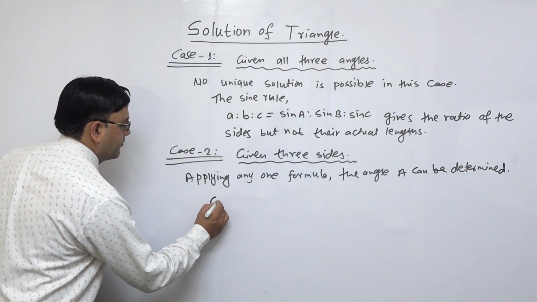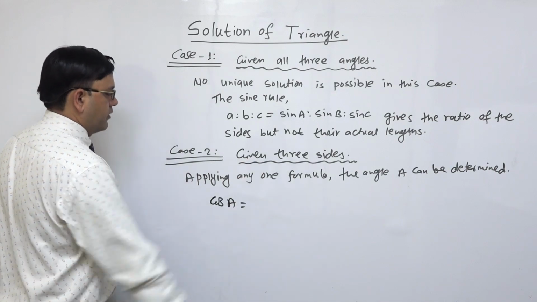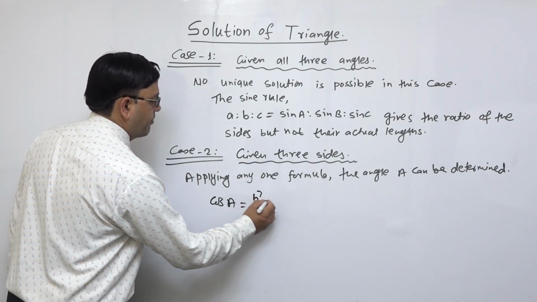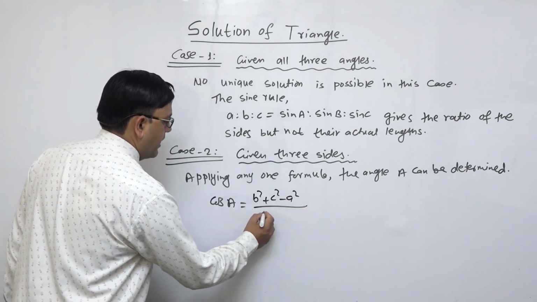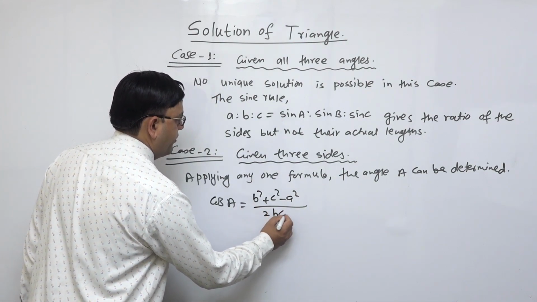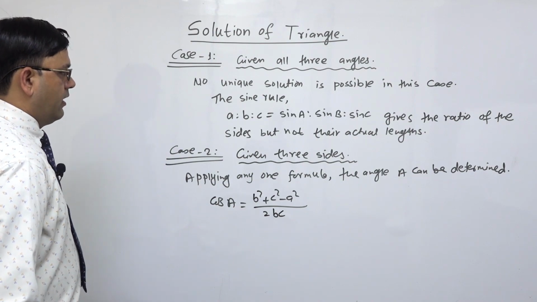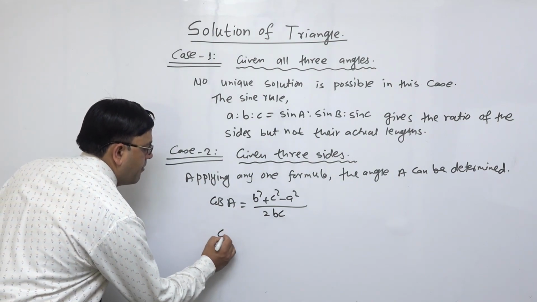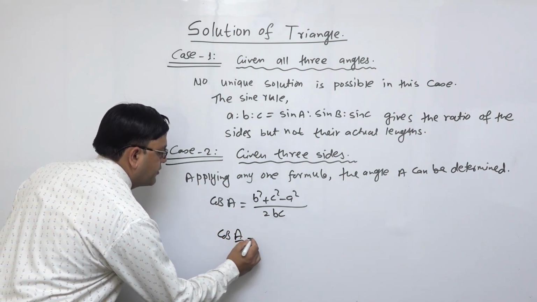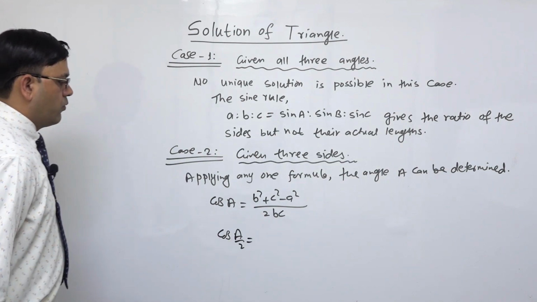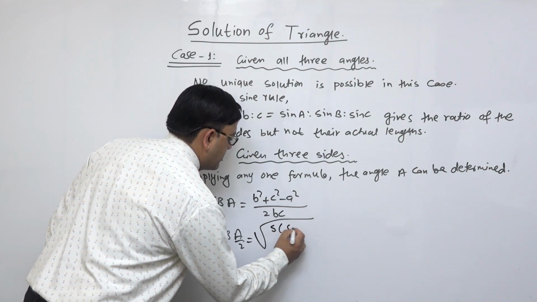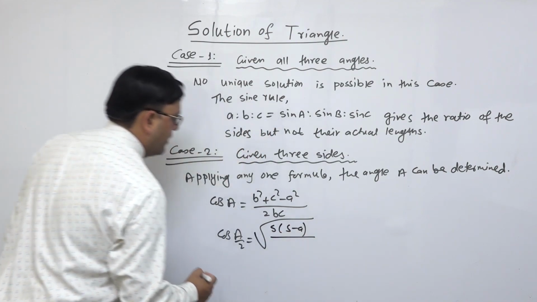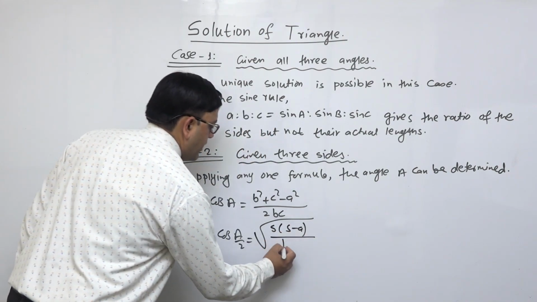So cos A is equal to, we know, b square plus c square minus a square by 2bc. This is the cosine law. And then cos A by 2 is equal to root under s(s minus a) by bc.